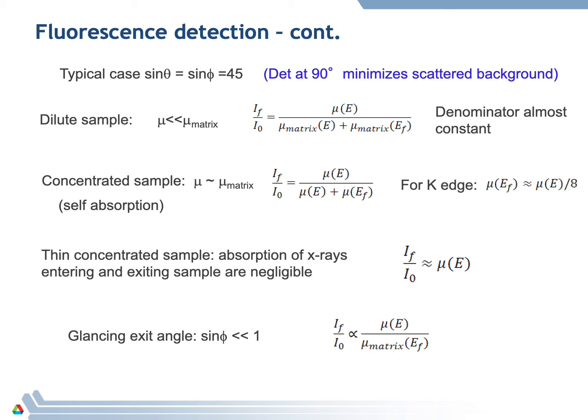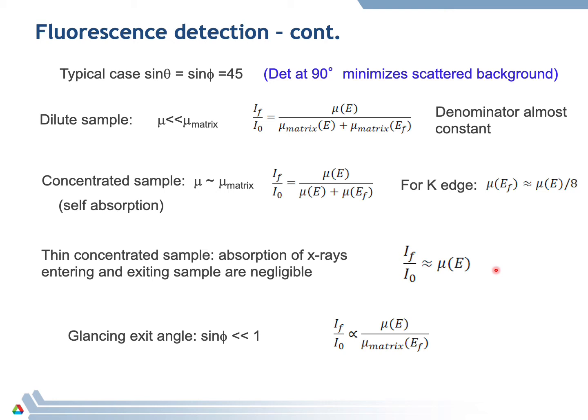So you can measure a concentrated sample if you have a thin one. In that case, the fluorescence over I0 would be, again, proportional to mu.